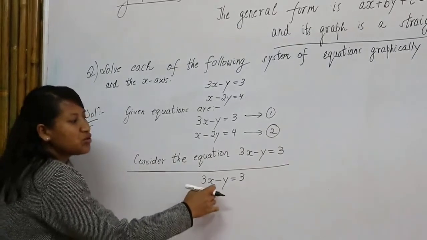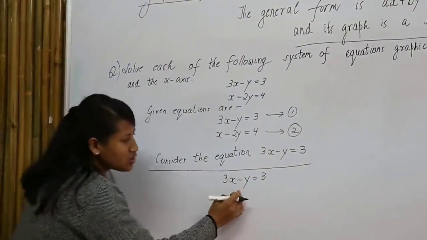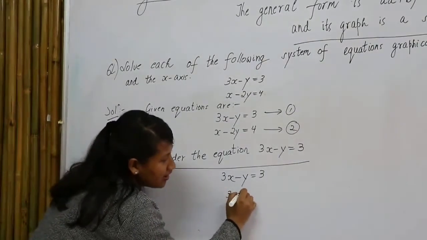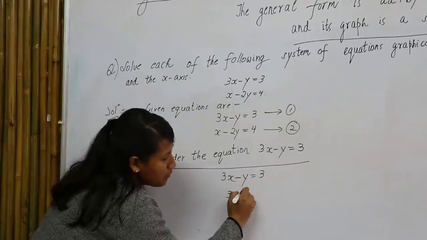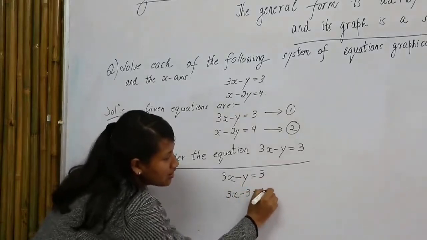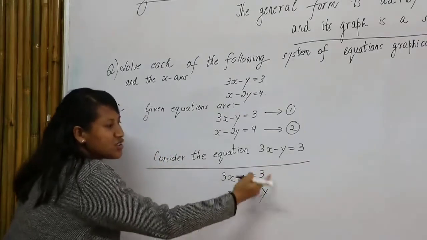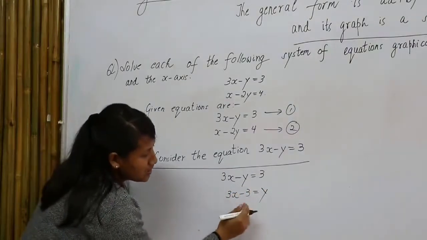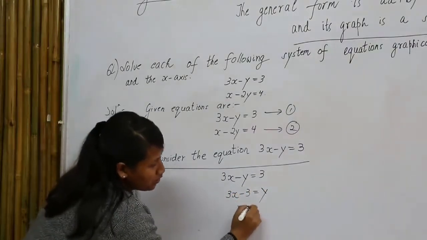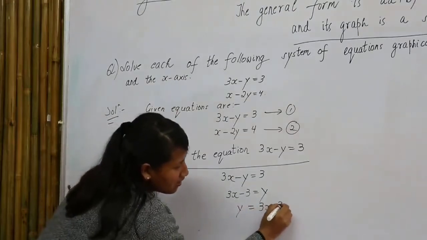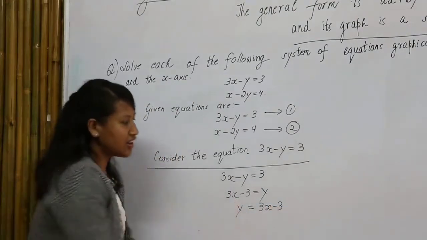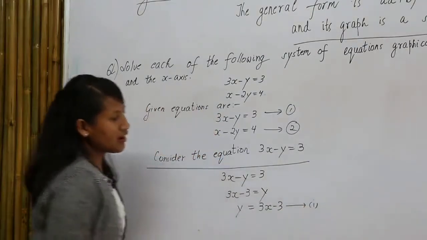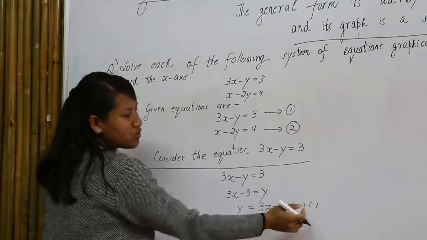Usually we put y on one side, so we'll transfer y to the other side, and the number 3 to this side. This will be minus and this will become plus. So y equals 3x minus 3. Since there is an equality sign, you can write it like this also. Mark this as Roman 1.